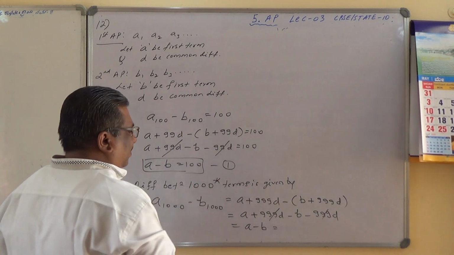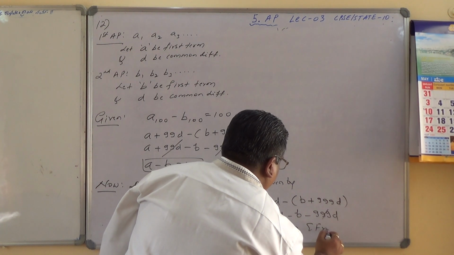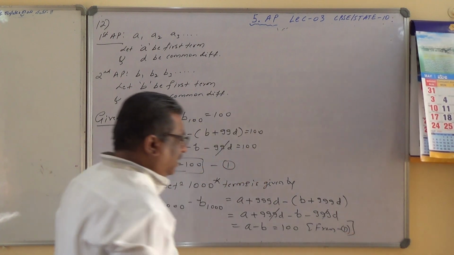Mark it as 1. A minus B is equal to 100. This is from 1. Correct, no?